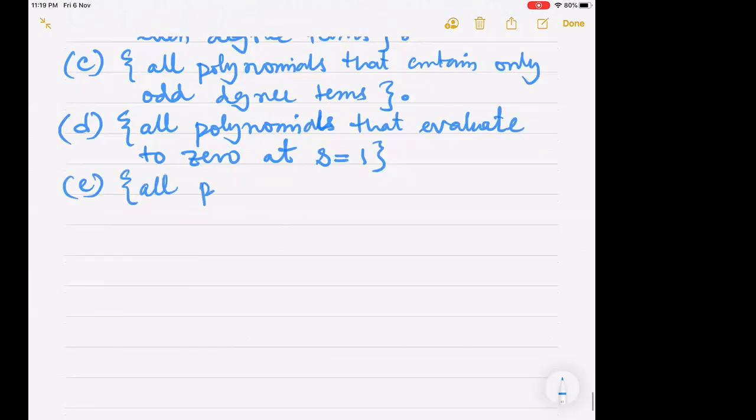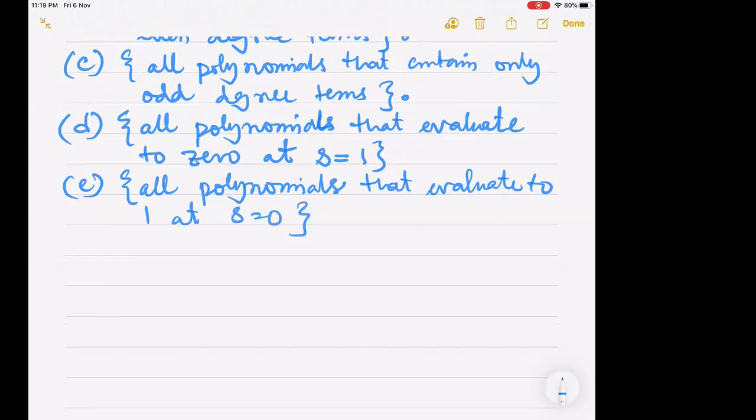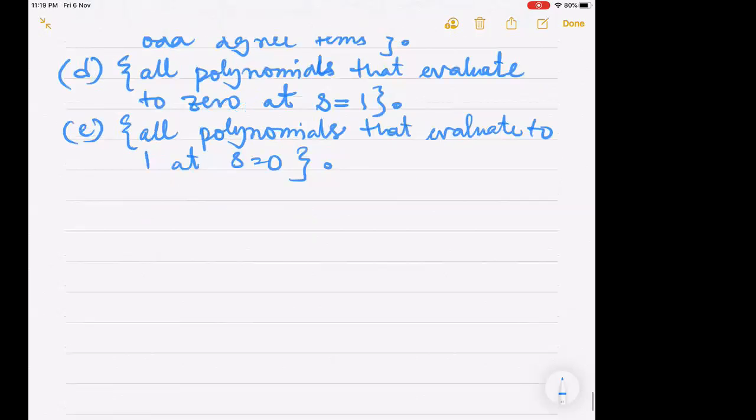All polynomials that evaluate to 1 at s equal to 0. Check whether these things are ideals or not. Okay, do this homework.